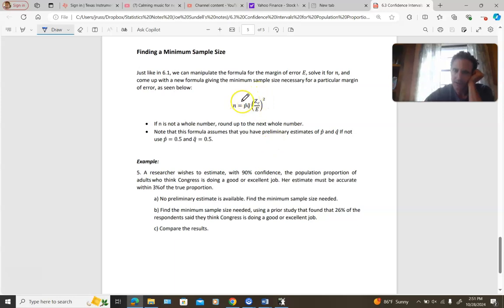If we know what we want our margin of error to be, no larger than a specific value, we can plug that in along with the sample statistics and our associated z-score, and we can find the minimum size of the sample that we need, such that the margin of error is no larger than this value.